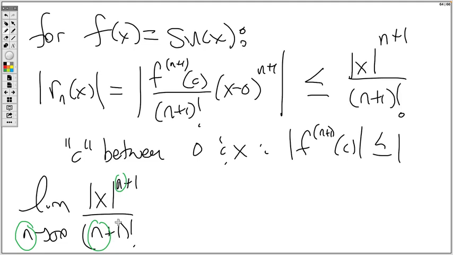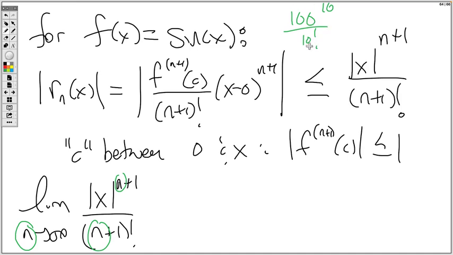So what do we know about powers of x and factorials? Who eventually wins? Factorials eventually win, right? Because even though early on, let's say x were like 100, and I'm taking like 100 to the 10th power over 10 factorial, this is 10 factors of 100 divided by 10 times 9 times 8, blah, blah, blah.